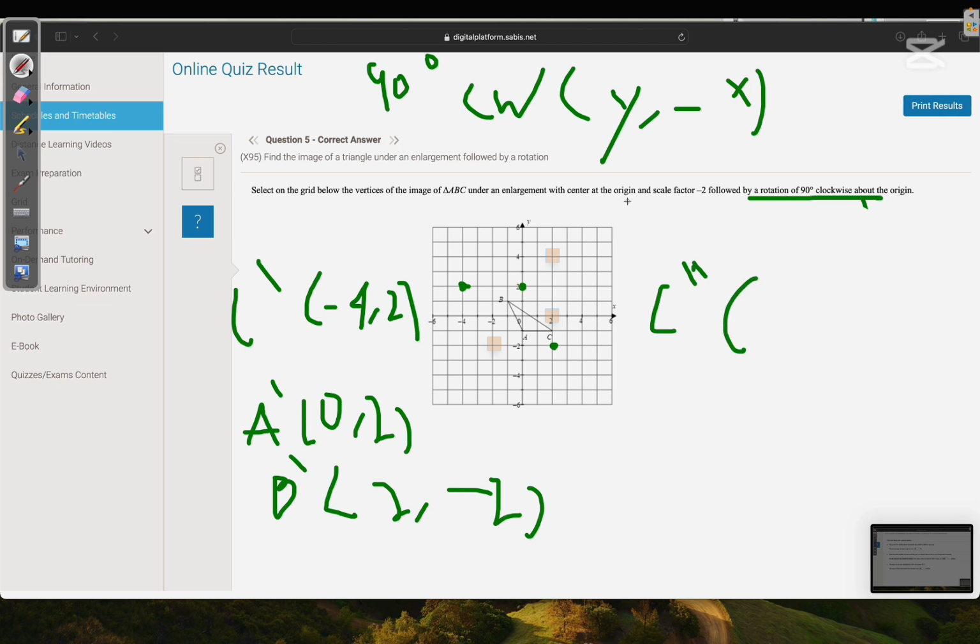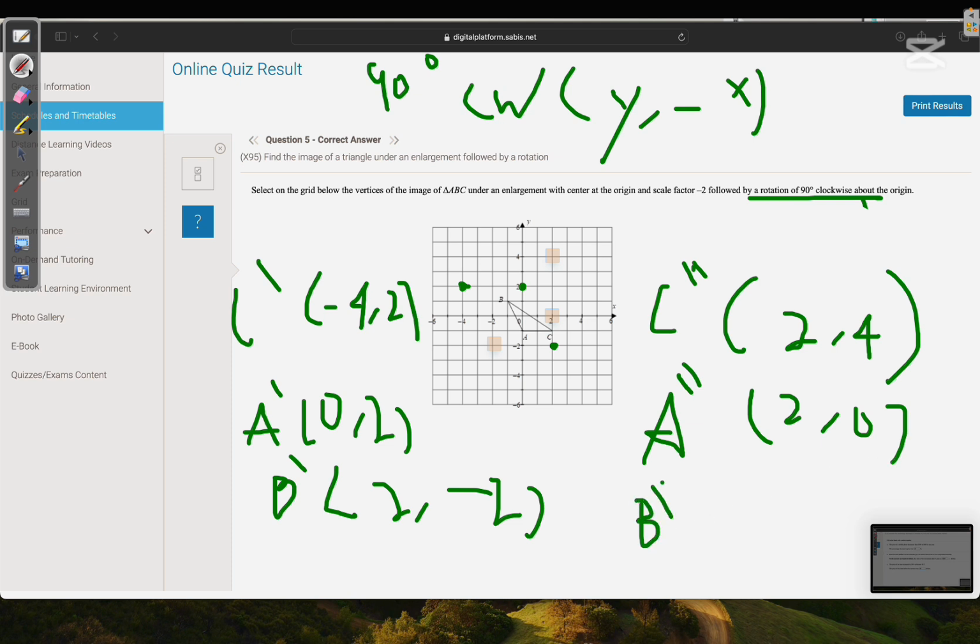That would be y, which is 2, then -x, so 2, 4. And then A prime, we do the same thing. A prime prime is 2, 0. And then B prime prime would be y, which is -2, and then -x, which is also -2.